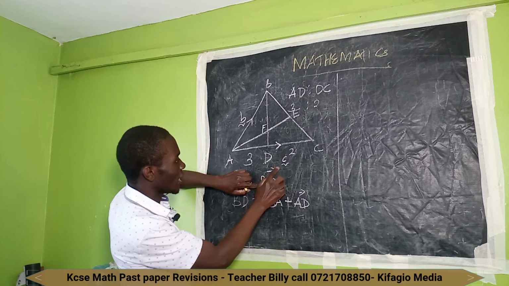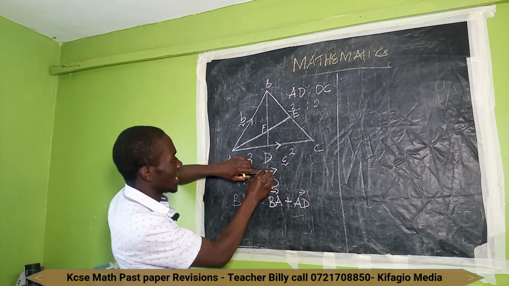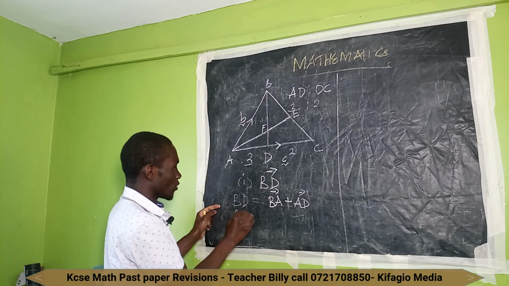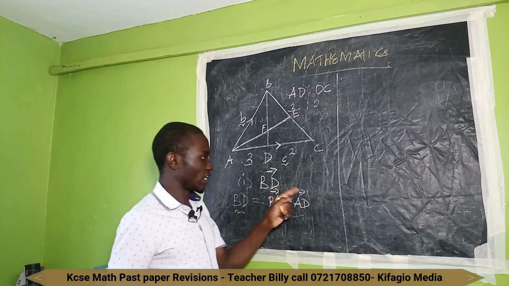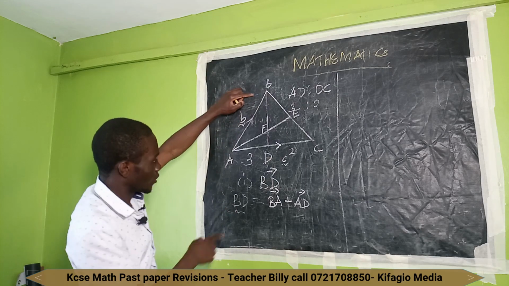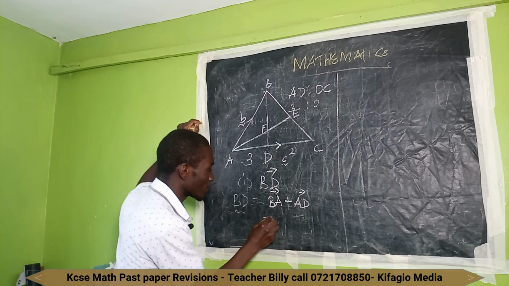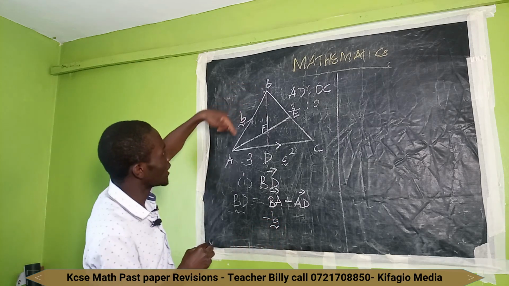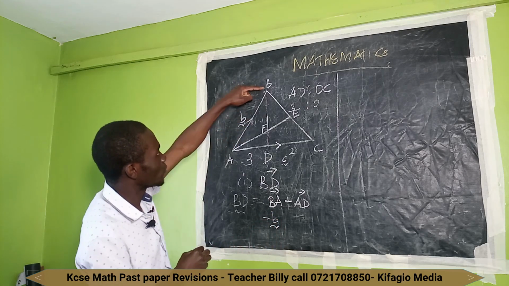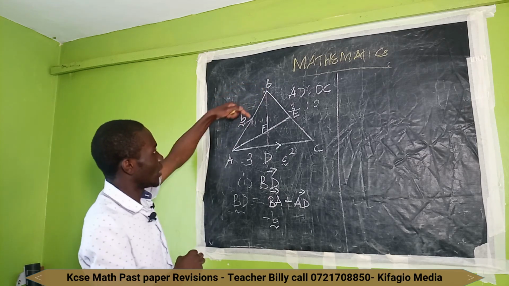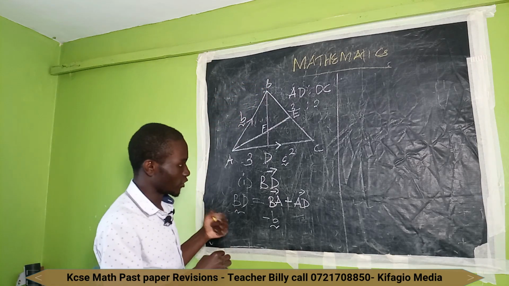Like vector BD with an arrow above it to indicate that it's a line but with a direction, or BD with a wavy line below it, or just an arrow above it. So if AB is positive B, then BA is negative B, because you are moving against this direction.